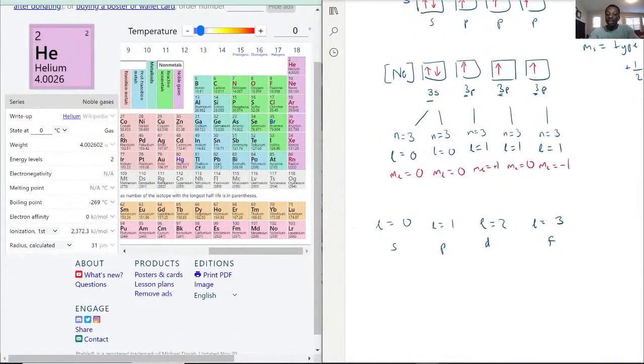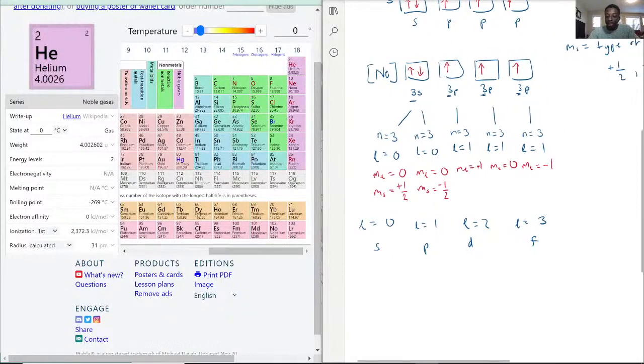So with that all being said, considering that we're referring now to the first electron here, our MS will have that positive spin. Our MS here will have a negative spin because it's pointing down. And as you notice, all these ones here in the p orbital are pointing up, so all the MS's here would be a positive 1/2.